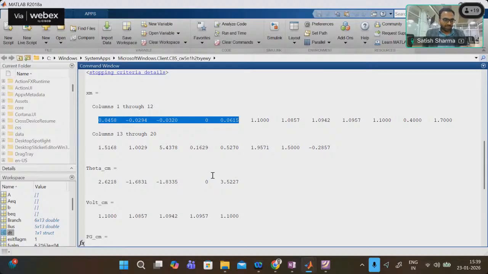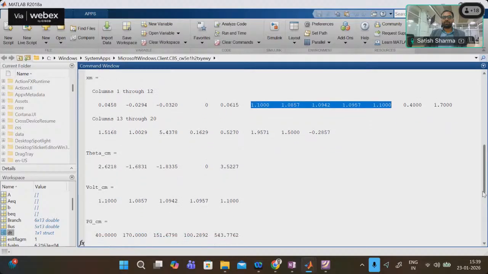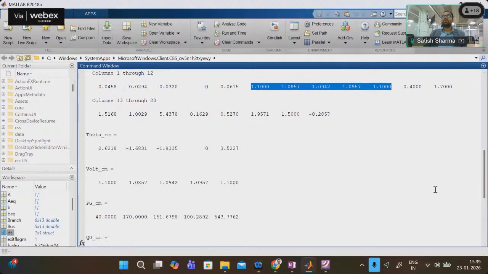So this is it. Then next part was voltage magnitudes. There were 5 voltage magnitudes because we are solving it for a 5 bus system. So 1, 2, 3, 4, and 5, and you can see I have placed exactly the same values. Then if you see the powers, the powers are placed like 1, 2.